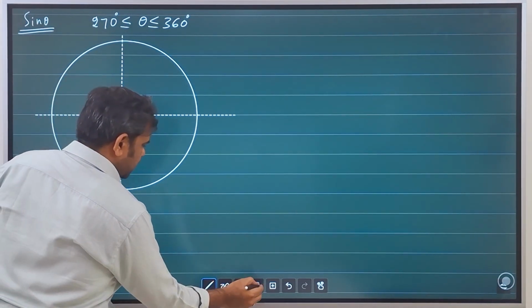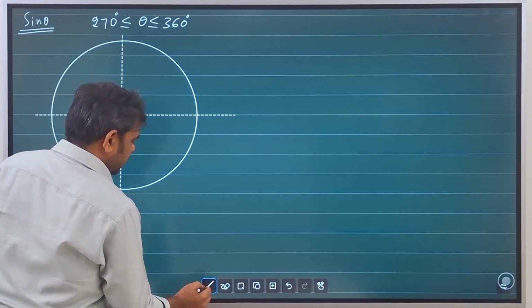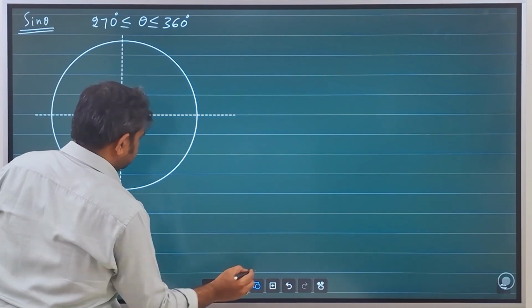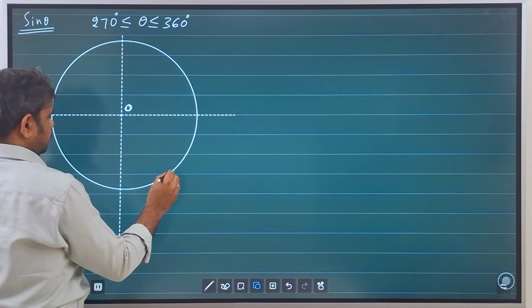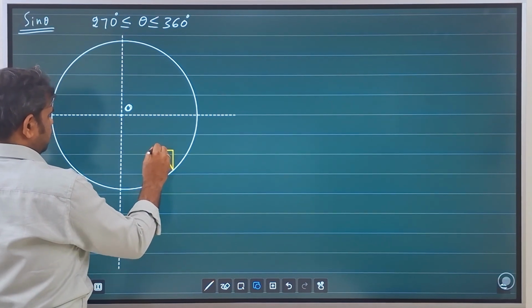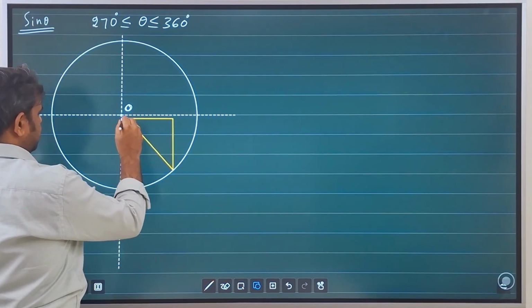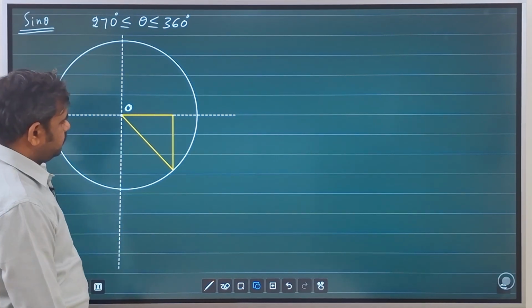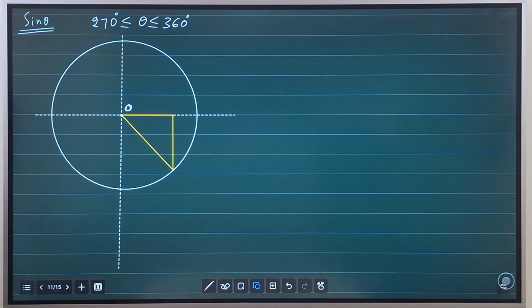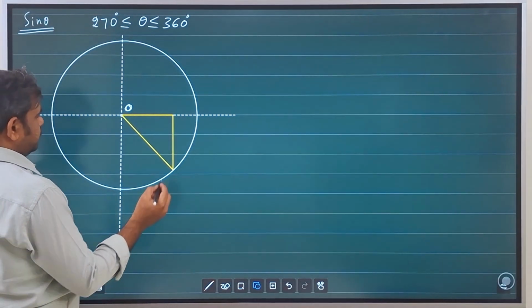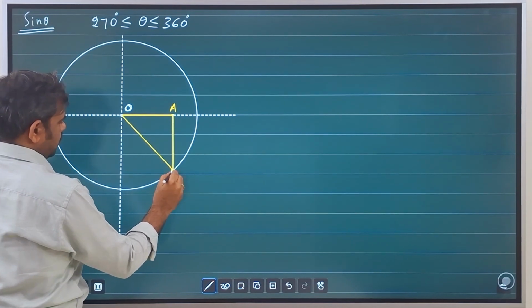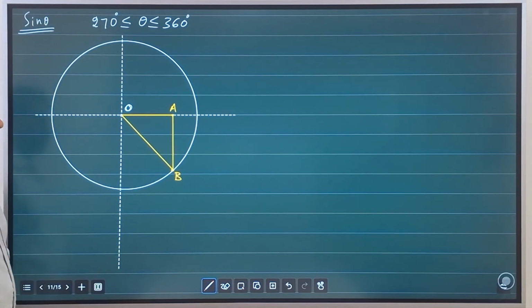Let's draw a right angled triangle in fourth quadrant. Look at this right angled triangle OAB.